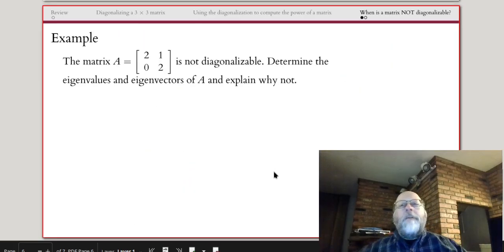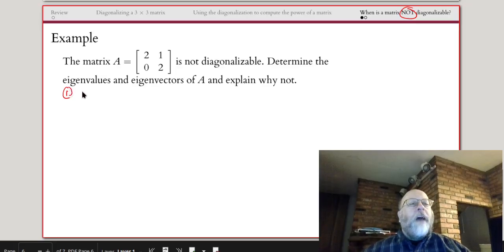When is a matrix not diagonalizable? So this is a matrix that's not diagonalizable. And we're going to try to find out why not. So we're going to first find the eigenvalues. In this case, the eigenvalues are really easy to find. Because we want the determinant of [2 minus lambda, 1; 0, 2 minus lambda].